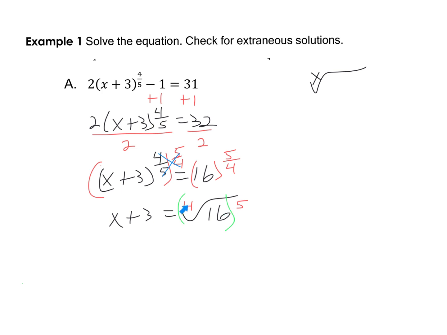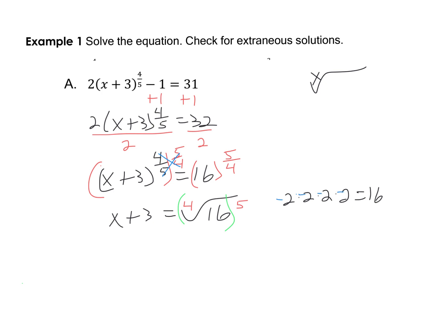That's what I'm going to do because the 4th root of 16 is actually 2. Because 2 times 2 times 2 times 2 equals 16. Now notice that it could also be negative 2 times negative 2 times negative 2 times negative 2.